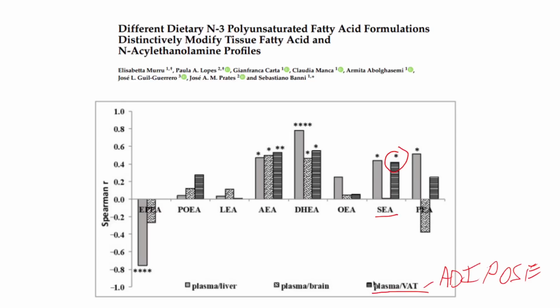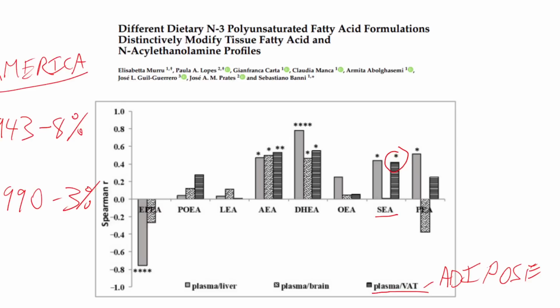And in fact, this VAT is visceral adipose tissue. And so you see that SEA levels are, at least in mice, pretty closely correlated with adipose tissue levels of stearic acid. One of the reasons that this correlation is interesting, of course, is that in my talk, The History of Body Fat Composition, I showed that stearic acid levels in adipose tissue in America have actually dropped from about 8% in 1943 to around 3% on average by the 1990s.